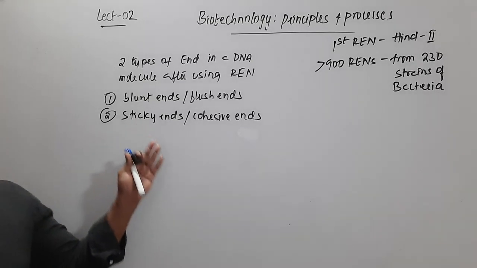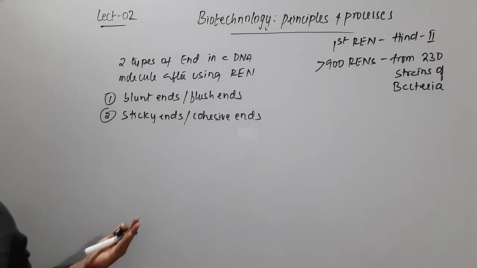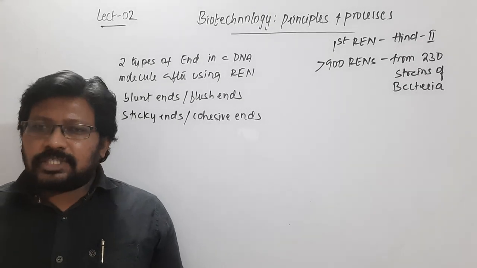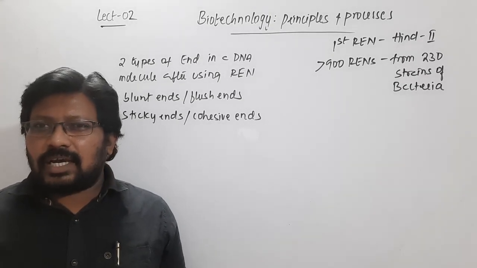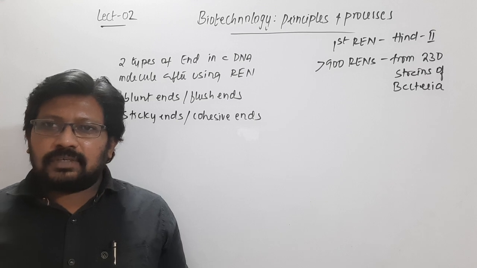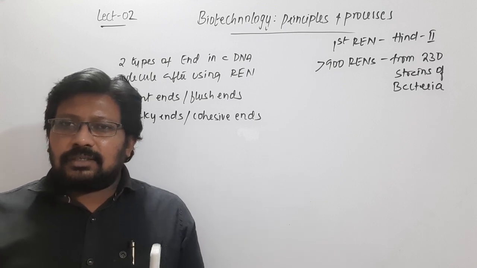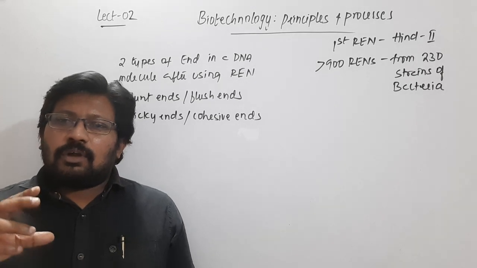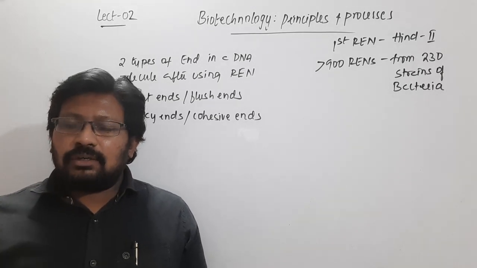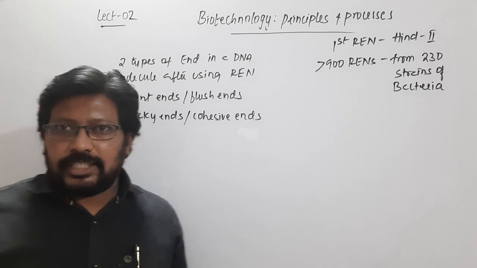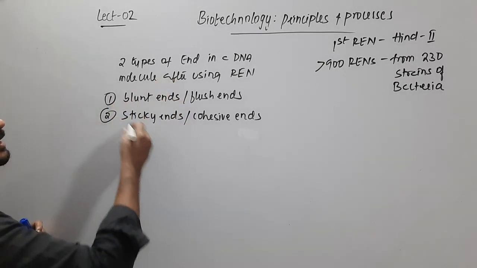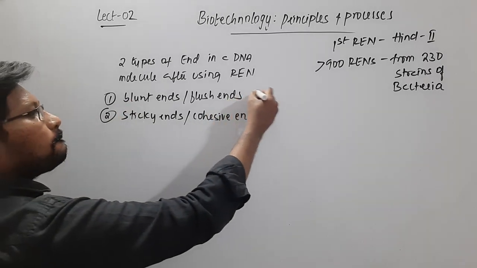So there are several types of restriction endonuclease. Each one identifies a particular palindromic sequence. It may cut within the palindromic sequence on both strands at the same point or at different points. First, let's see the blunt ends.